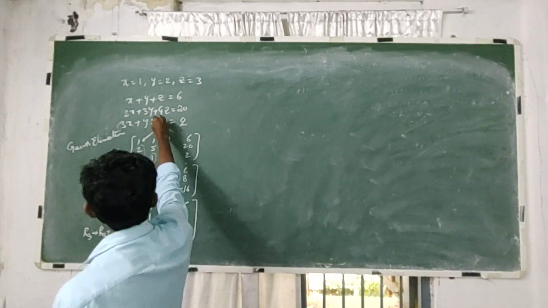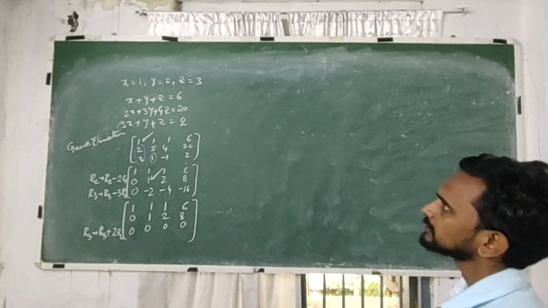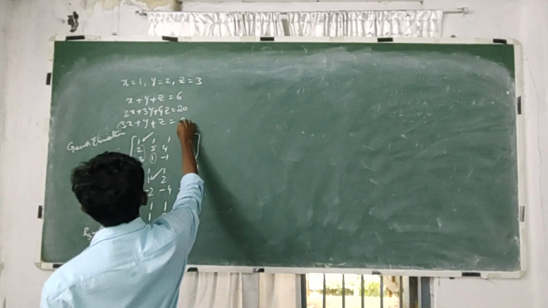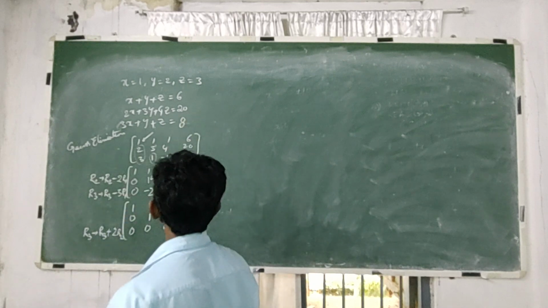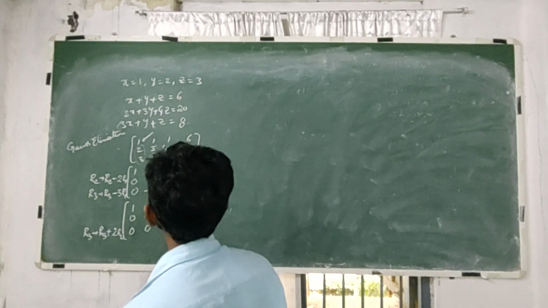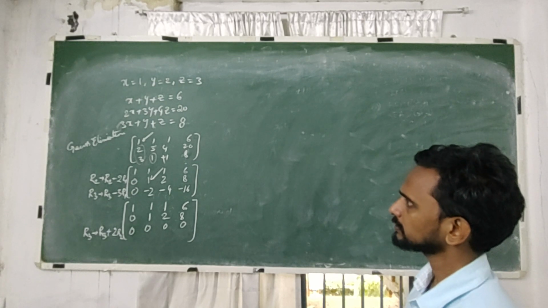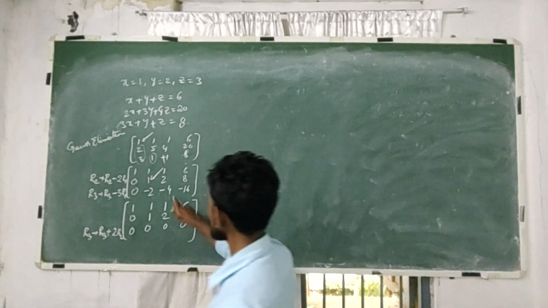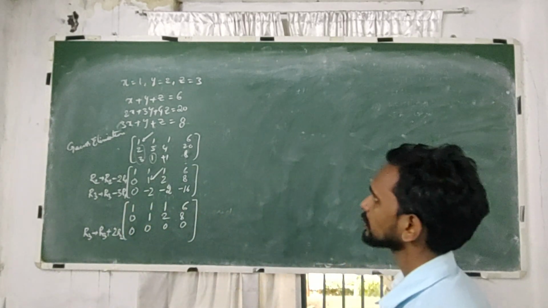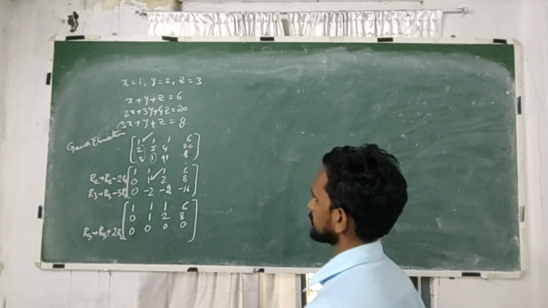Let's modify it. Make it plus 2 then. What do you get? 3 plus 2, 5 plus 3, 8. This is plus 1. So when you apply row operation, 1 minus 3 is minus 2. Eight minus 18, minus 10.